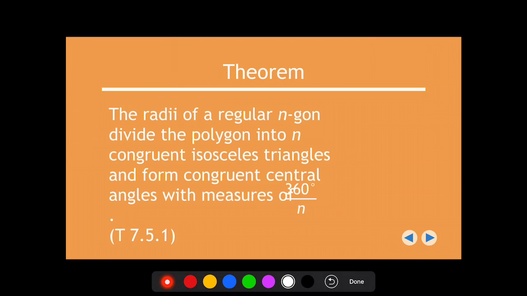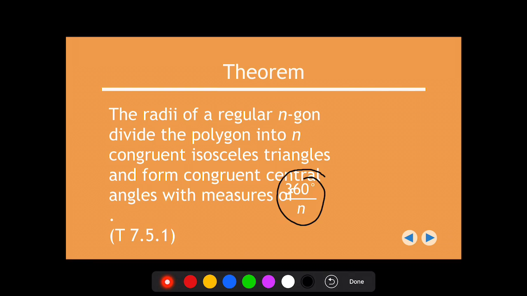All right, here's a good theorem to get down. The radii of a regular n-gon, again, n-gon means any number of sides, divide the polygon into congruent isosceles triangles and form congruent central angles with the measure of 360 degrees divided by n. Again, this formula, 360 divided by n, is a formula I've already explained and shown to you guys.